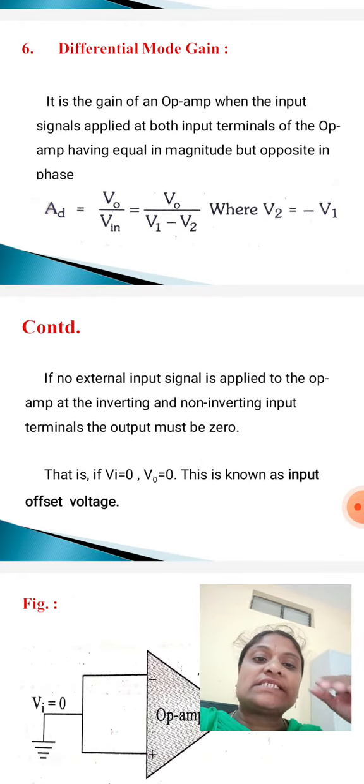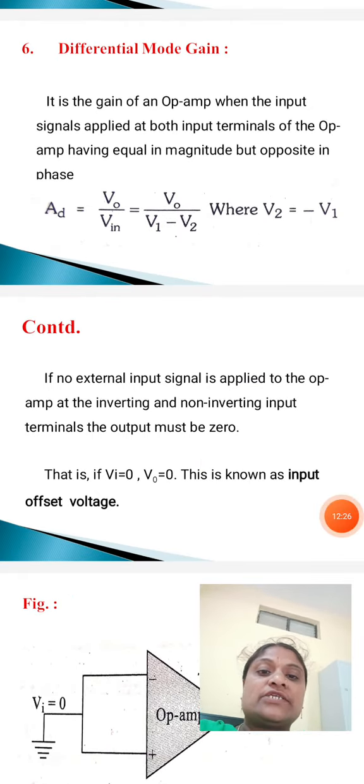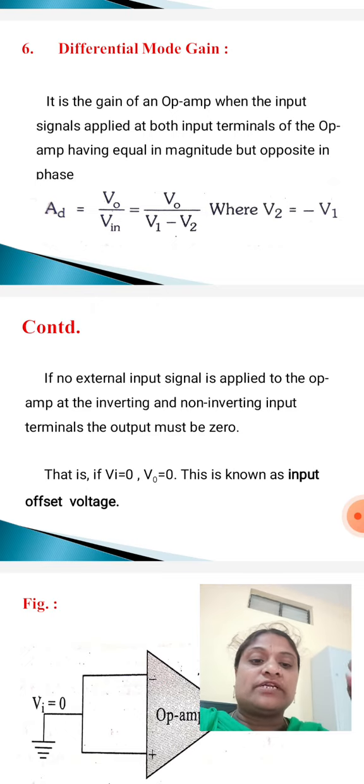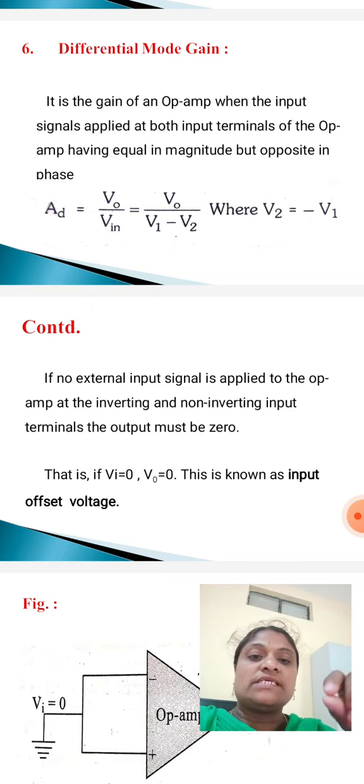If no external input signal is applied to the op-amp at the inverting and non-inverting input terminals, the output must be 0. This is an important point, so note it down and listen carefully.